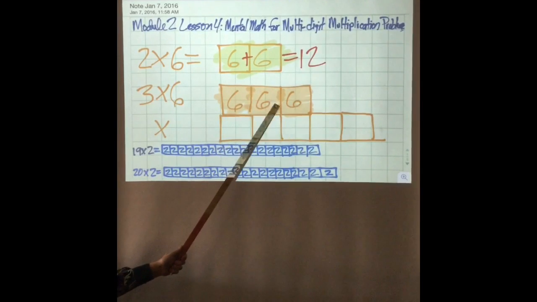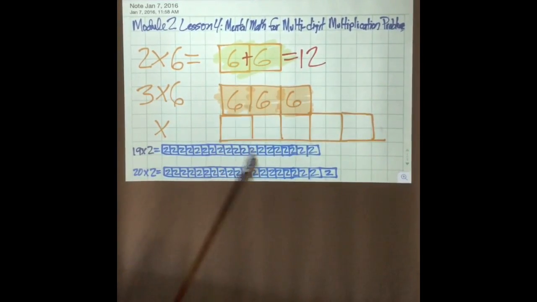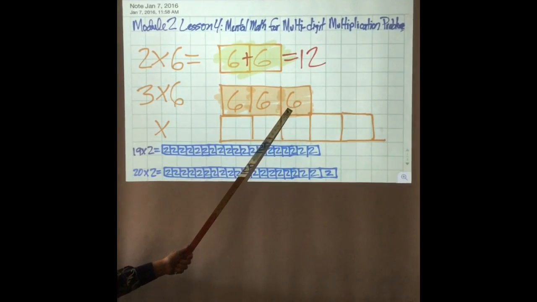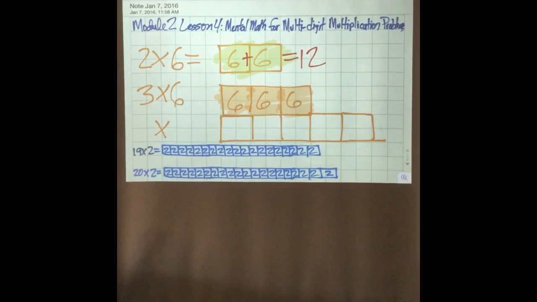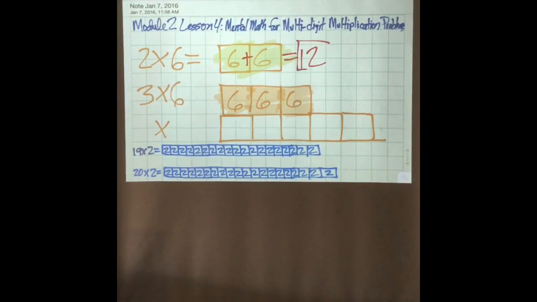Now, how many more boxes is this than that one? It's 1 more 6, right? So we already know, because you guys already have this answer, what's our answer for 2 boxes? 12. So we know that this part is actually 12.